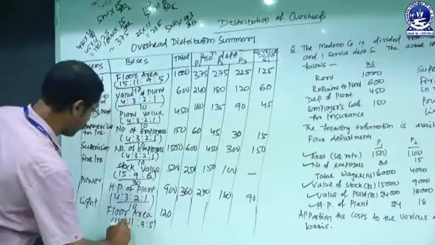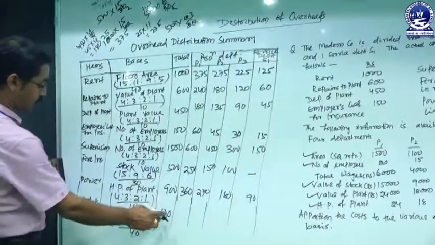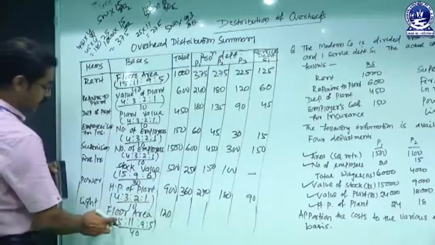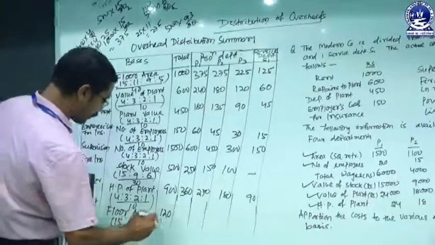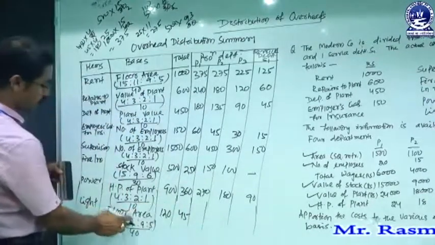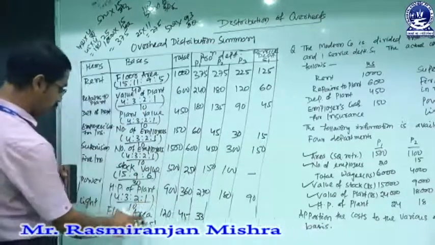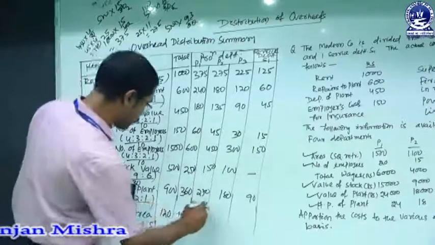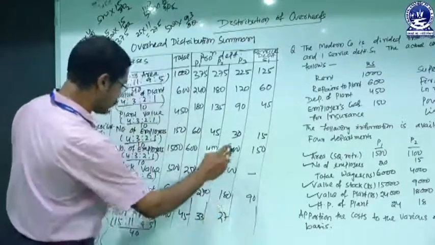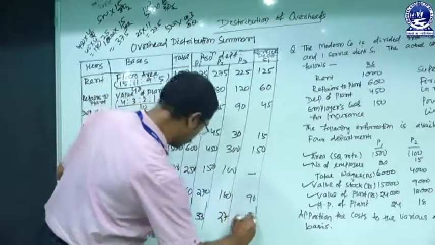That means the sum of all the ratio is 40. So department P1 will get 120 into 15/40, that means 45. Then 120 into 11/40, that is 33. 120 into 9/40, that is 27. And S1 will get 120 into 5/40, that is 15.